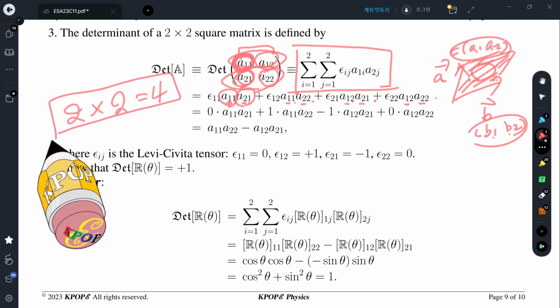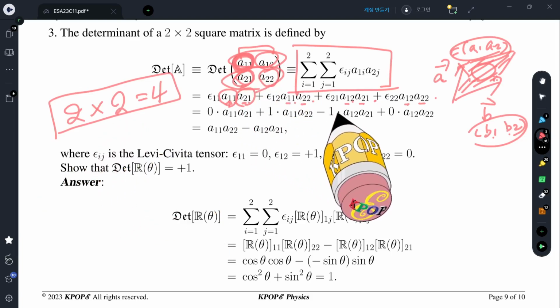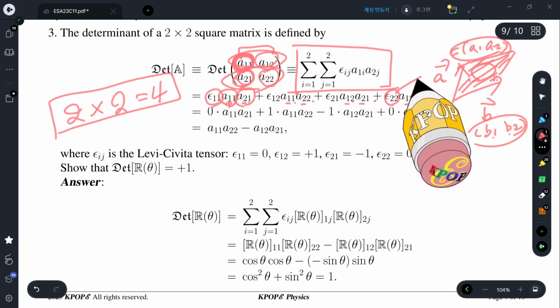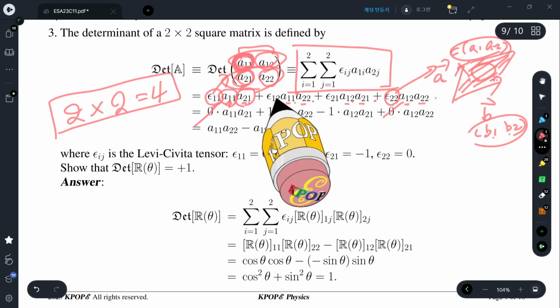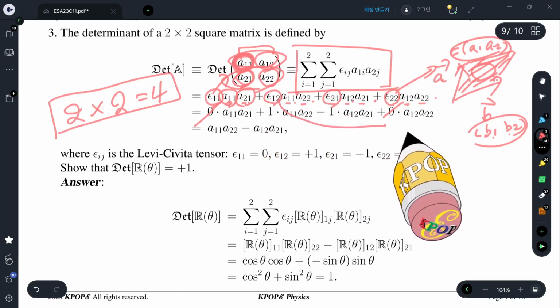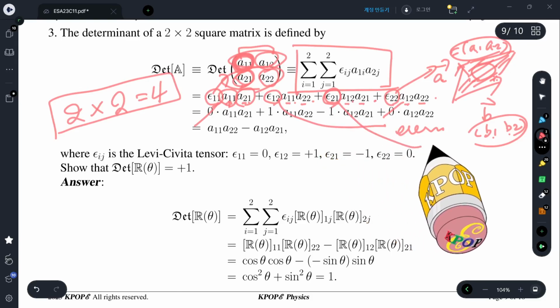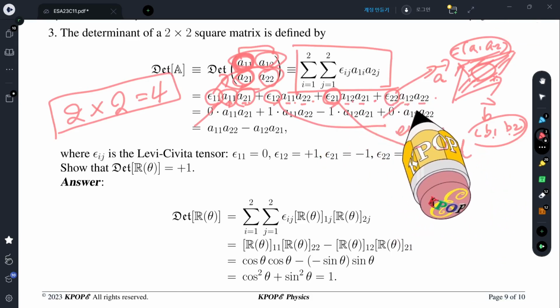Among them, we only keep the permutations. They should be different. So the same thing, 1, 1 and 2, 2, go away. We don't like it. There are 2 left. This is called the even permutation, 1, 2, and this is an odd permutation. Any even permutation is 1.